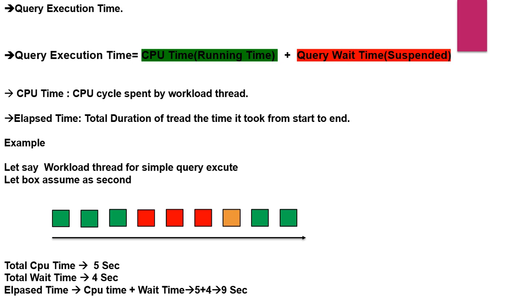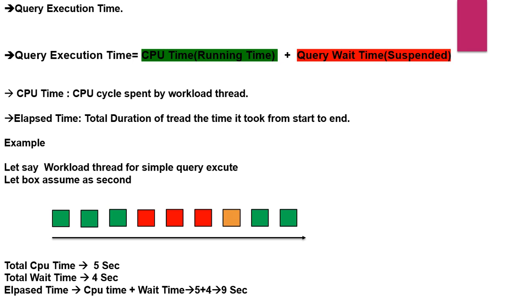Example: let's say there is a workload thread for a simple query. Let's assume each box is one second. A green box means the query is running for a second. A red box means the query is suspended for a second. An orange box means the query is ready to execute for one second.